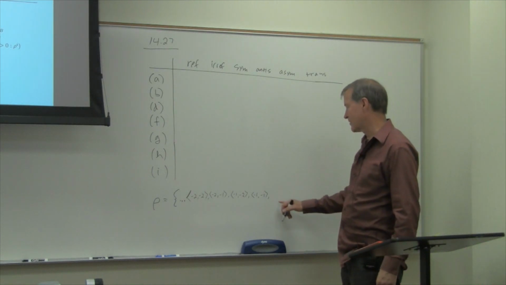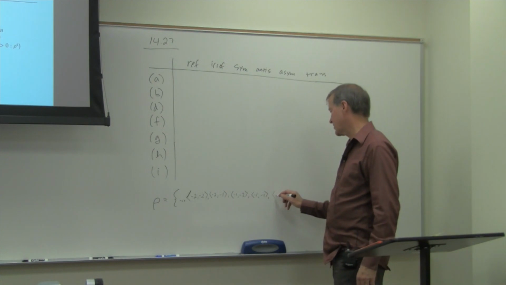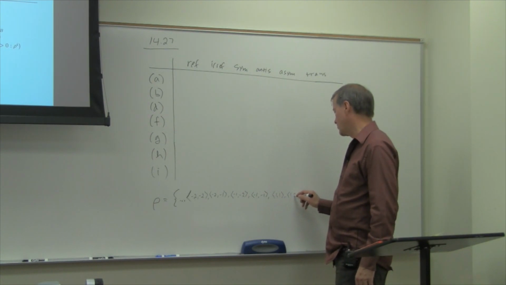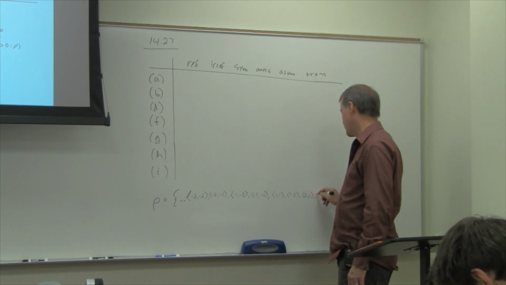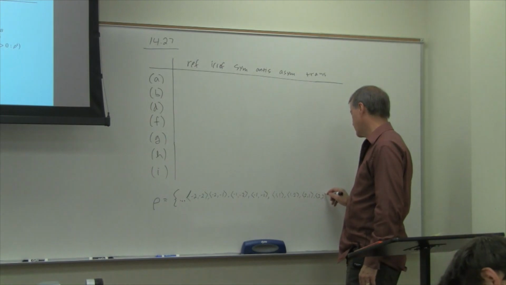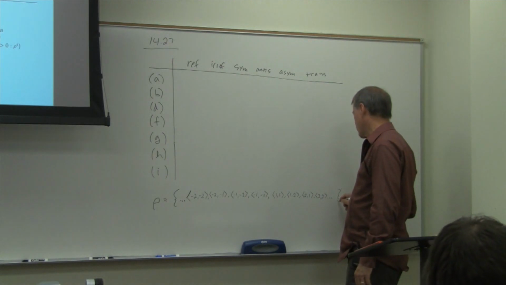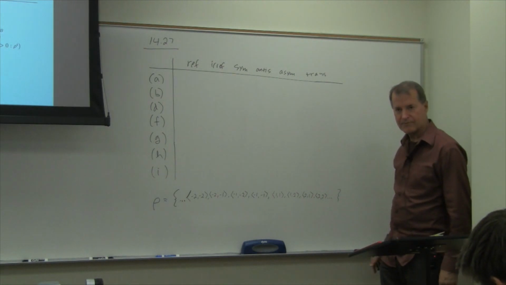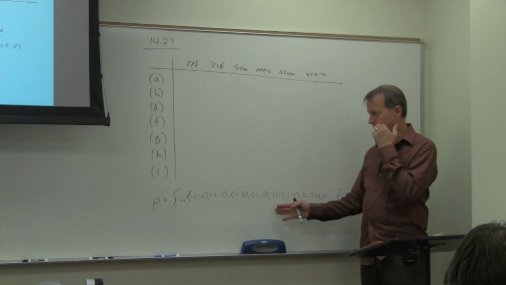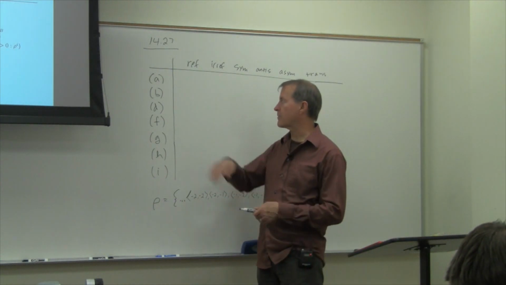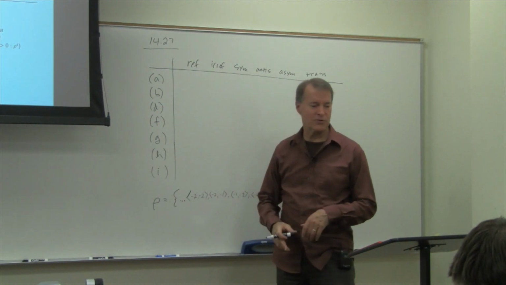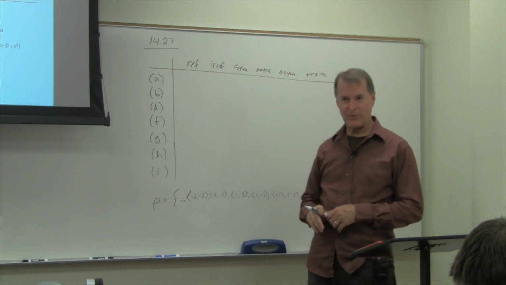So (0, 0) is not in there, right? Another one could be (1, 1), (1, 2), (2, 1), (2, 2), and an infinite number more in that direction, right? Does everybody understand that these are the ordered pairs in this relation rho as defined by part A of exercise 14.27? Are you with me here?